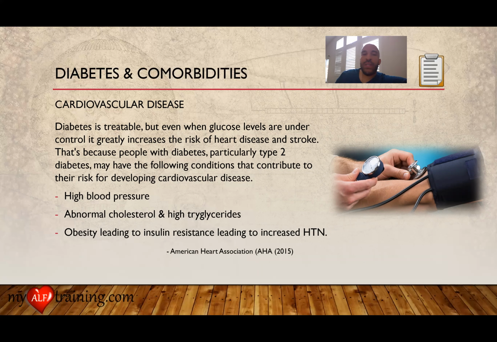That is because these patients have diabetes and also because of the other conditions that are so commonly associated with diabetes. We talked about high blood pressure, but what many of you may not know is that abnormal cholesterol and high triglycerides is another common symptom associated with diabetes that increases their risk of having heart disease and stroke.